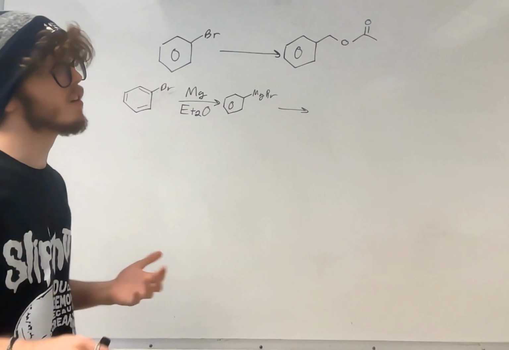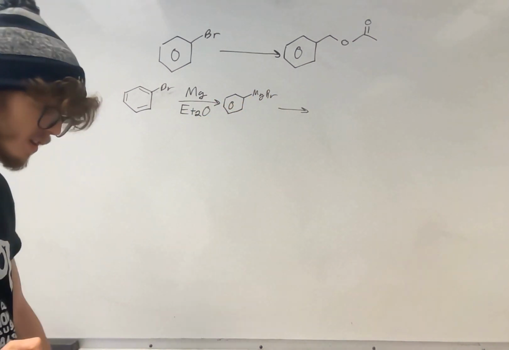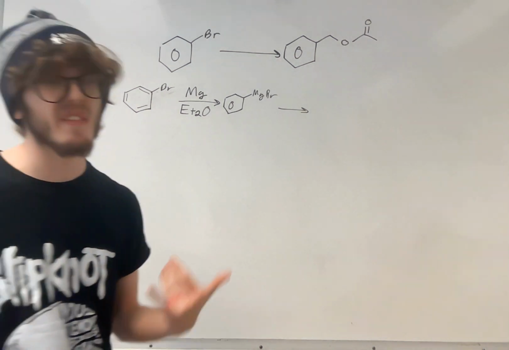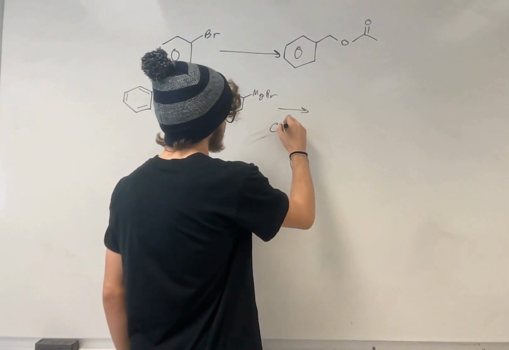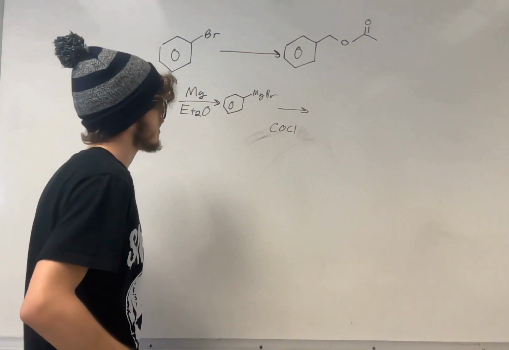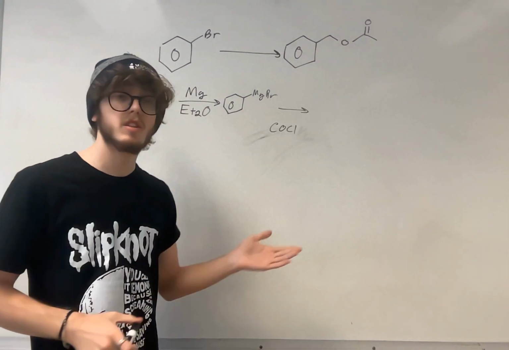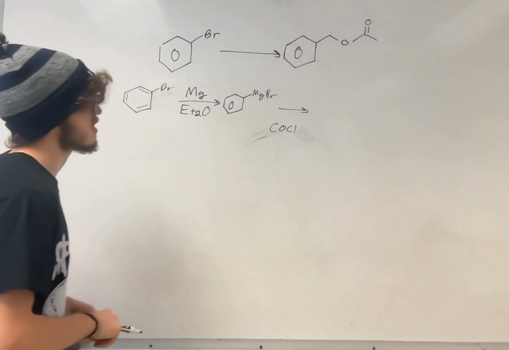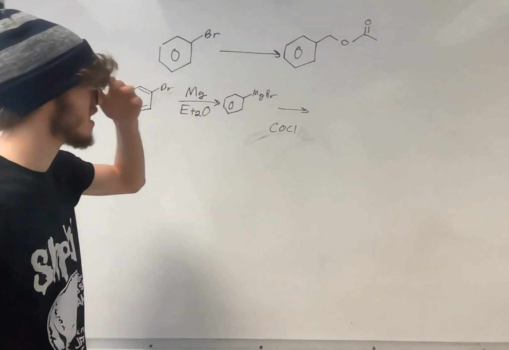But when I tried to think of other things that could attack with the Grignard, I really couldn't think of anything. In my head, I have a theory that maybe if you used COCl, not sure that molecule would exist, but let's just say it does, instead of CO2, the carbon would have a negative charge.